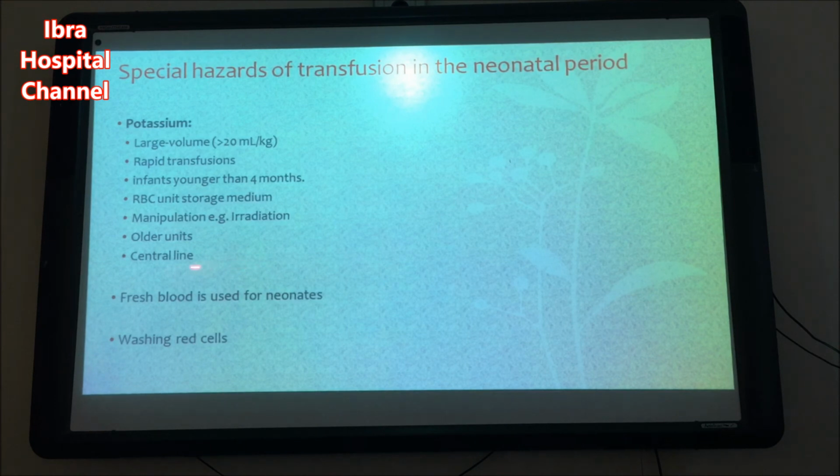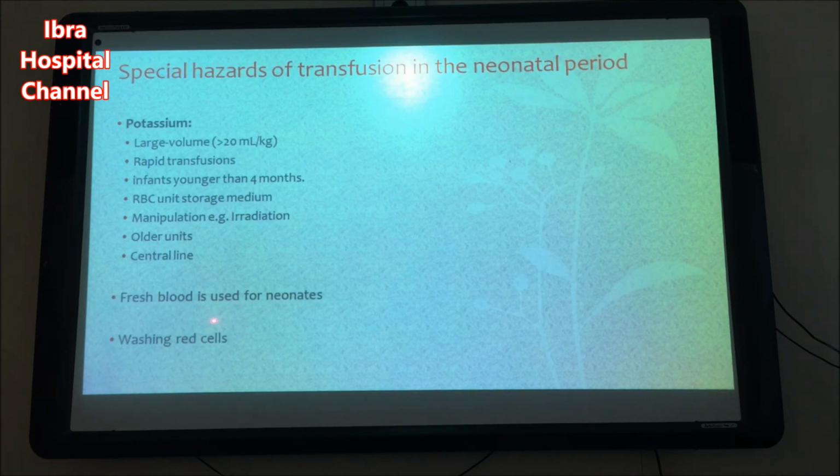And if you are giving blood directly through a central line, potassium will go directly to the baby's heart, and that's where cardiac arrhythmias can happen. So these are important things to keep in mind in relation to potassium.